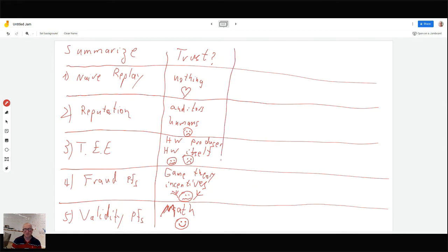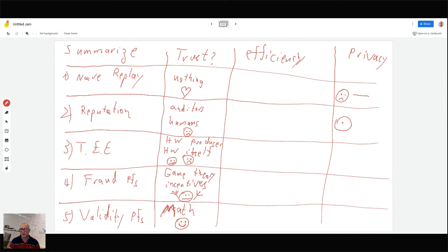So this is trust. Then we have efficiency. Like, how much computation time does the universe have to pay? Then we can also add here maybe privacy. Well, let's start with privacy. So this doesn't have privacy. So again, we are very sad. Reputation, well, we are maybe happy because the auditors see it, but who knows what they're going to do with it.